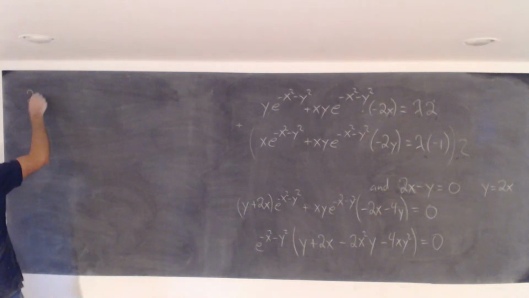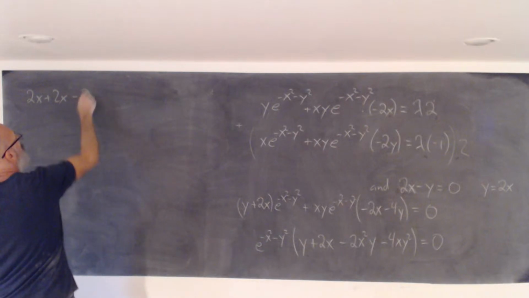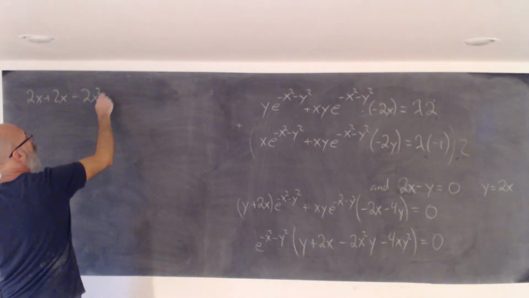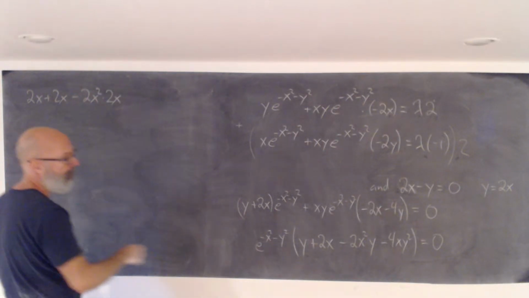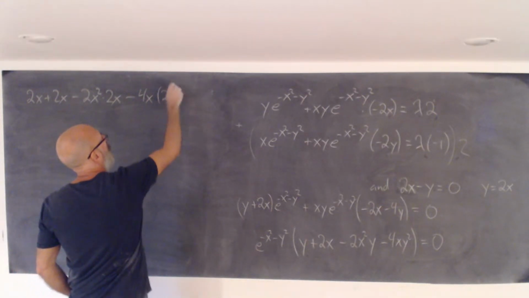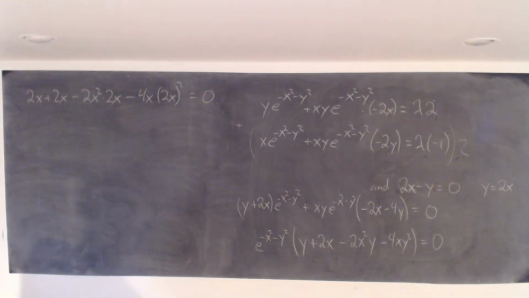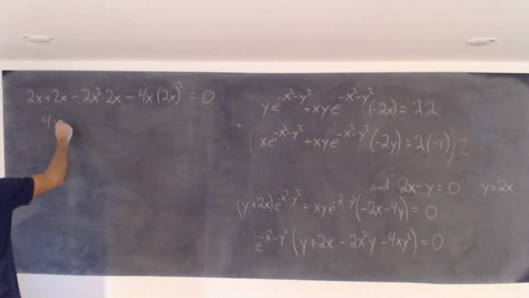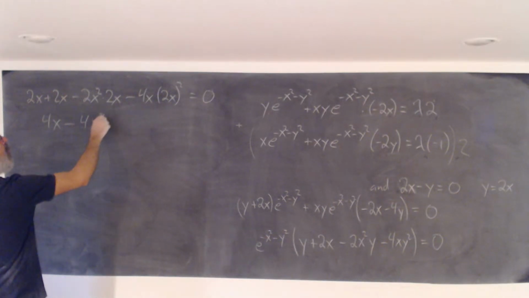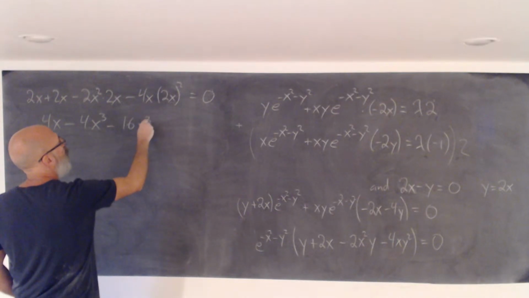So you get 2x plus 2x minus 2x squared times y, which is 2x, minus 4x times, again replacing y with 2x. And so you get 4x minus 4x cubed minus 16x cubed.